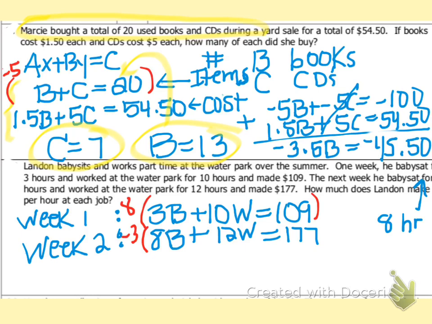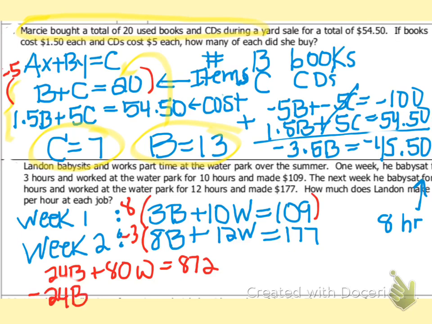So we'll just rewrite this real quick. I've got 8 times 3B, that's 24B, plus 80W, and then 109 times 8 is 872. And then the bottom one will become -24B, which is exactly what we wanted because we wanted those to cancel out, -24B. And then we have -36W.